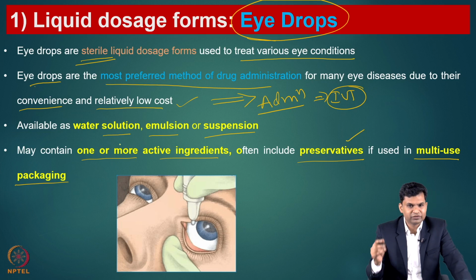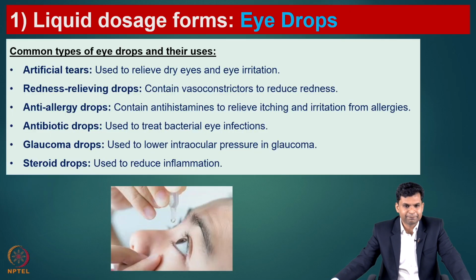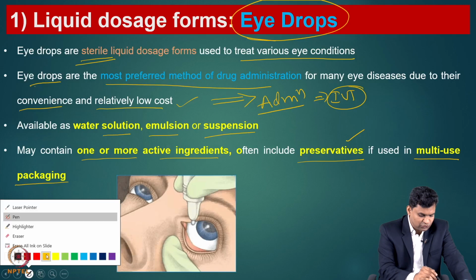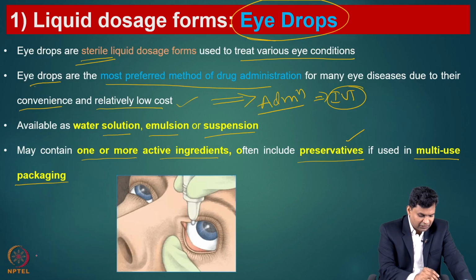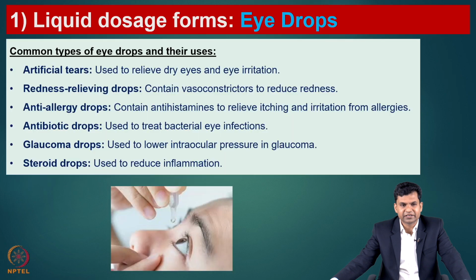Yes, we can go with one or more active ingredients for the treatment of eye diseases. Now here you can see this is the way we need to administer our formulation on the eye surface without touching the opening of the container.